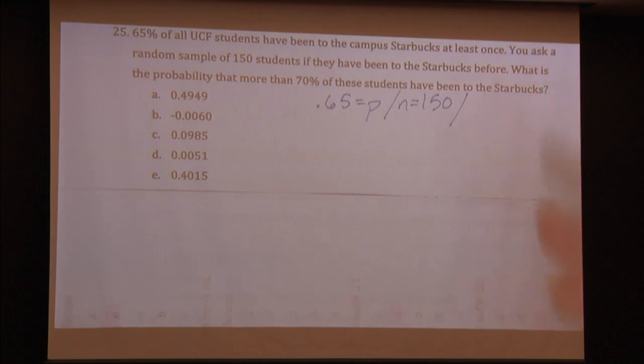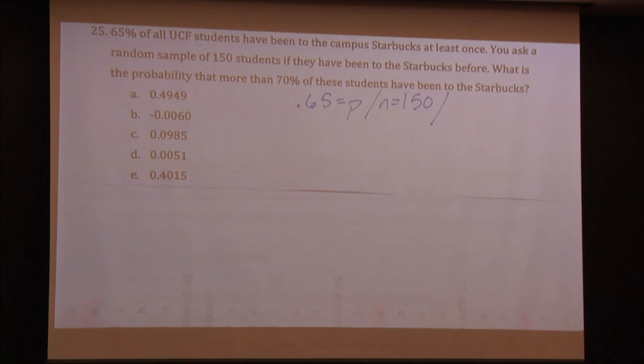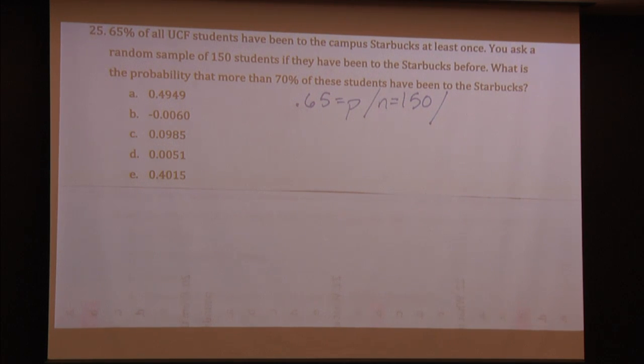So I mentioned that the p's all have to deal with proportions. So then, how do we interpret p hat for this problem? Is it exactly 70%?